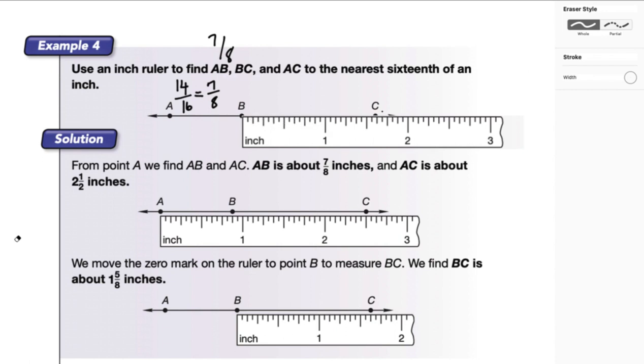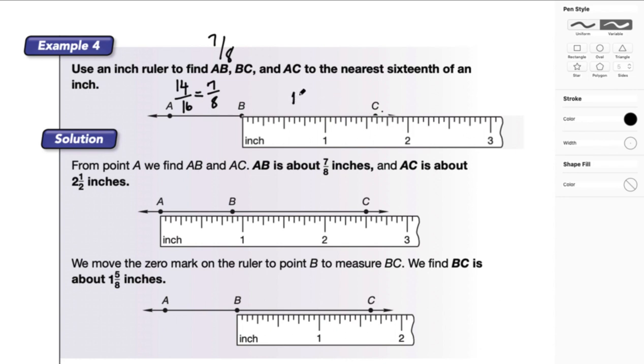And we are going to see that BC is 1 inch and some more. It looks like we've got 1 inch and 1, 2, 3, 4, 5. That's 10 sixteenths or 5/8. So we end up with 1 5/8 for the length of BC.